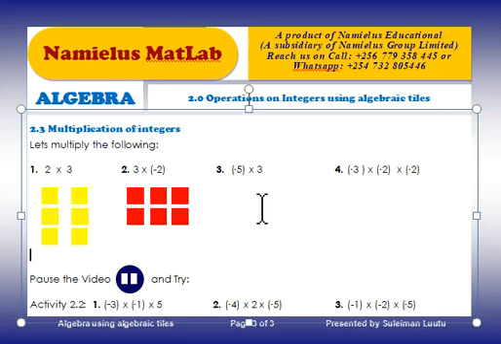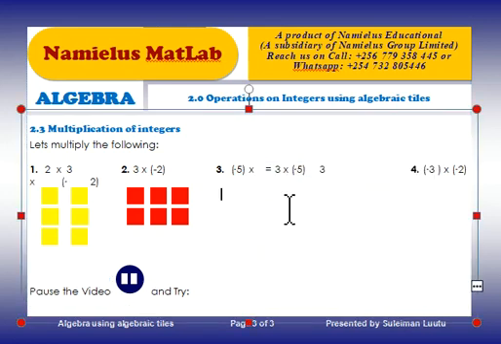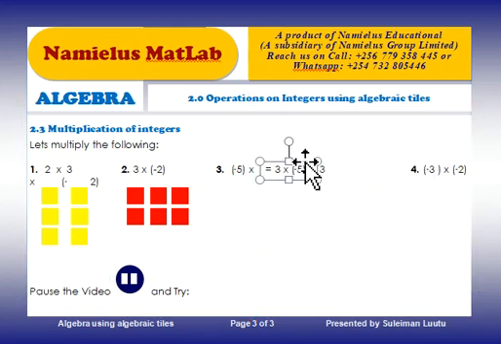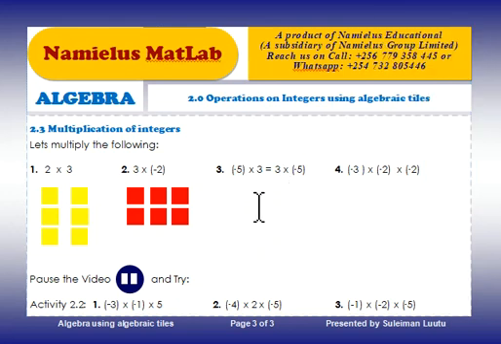Number 3, it's -5 times 3. But since we know that multiplication is commutative, we can rearrange this, because this is the same as that. For easy working, we can rearrange and have this equal to that.